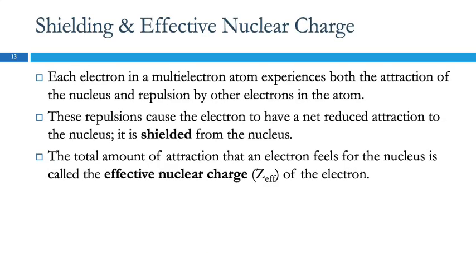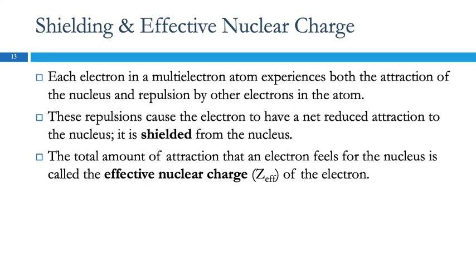Okay, so when we have multiple electrons, then we get attraction from the nucleus to the electrons, but then we also have repulsion between the electrons. So there's that nucleus, it's positive, and we've got these negative electrons. The negative electrons are like, get away from me, to the other electrons. Like charges repel, but they're like, oh, nucleus, right?